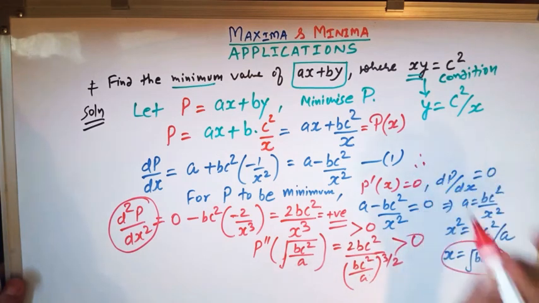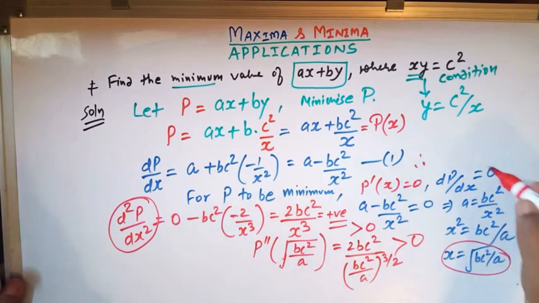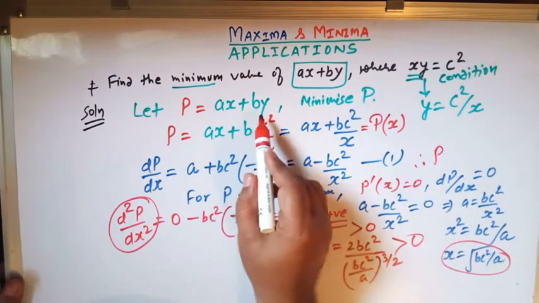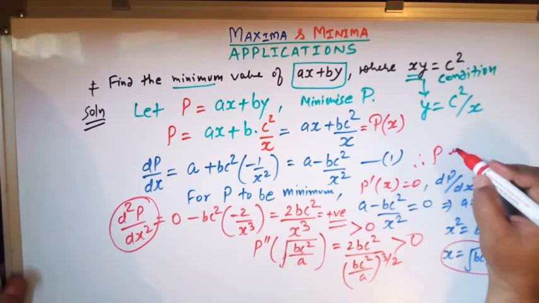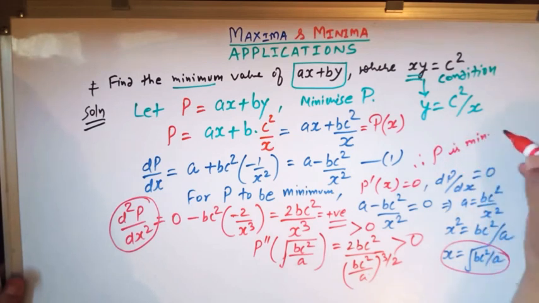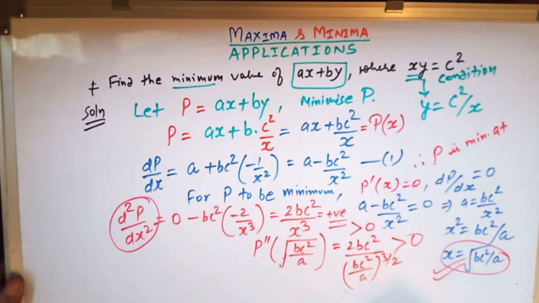So therefore P, or ax plus by, is minimum at this value of x. Clear?